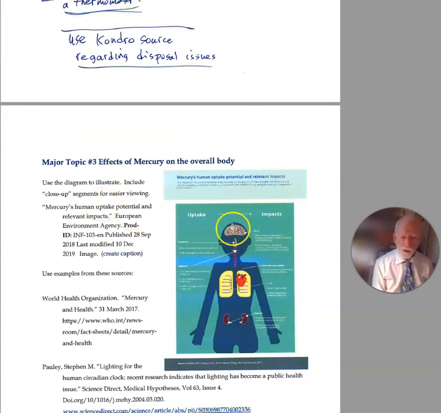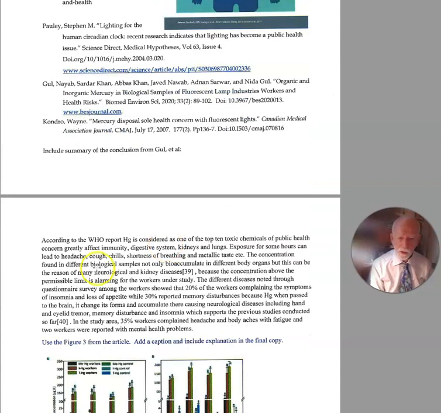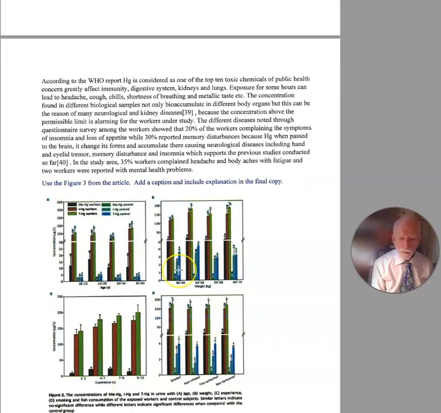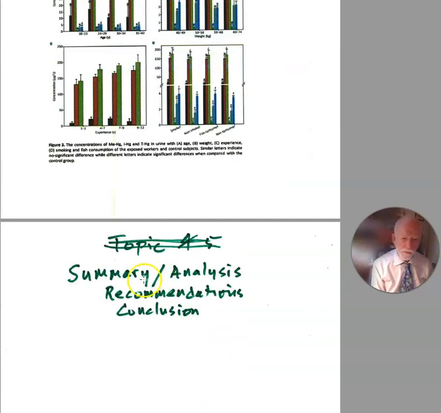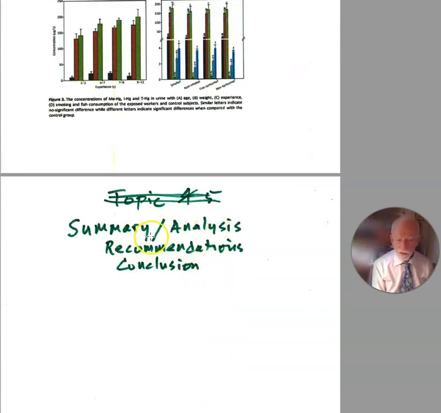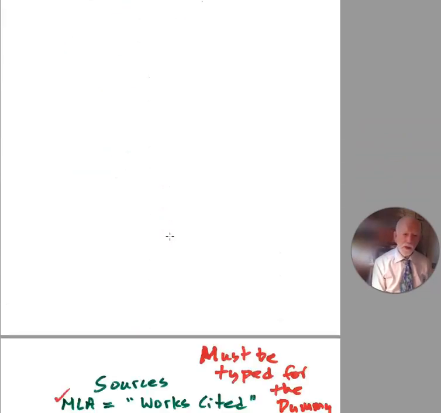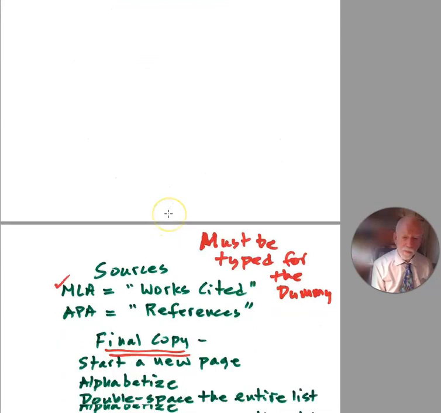So he'll be using this diagram, and in addition, based upon this study that was done, he's going to use this study that shows the effect on the blood and on the blood pressure. Then he'll provide some summary and analysis and some conclusion based upon what his further research then uncovers. And that will take probably up a couple pages.